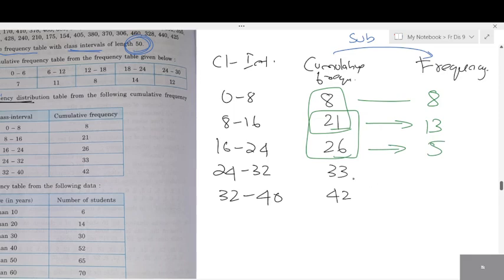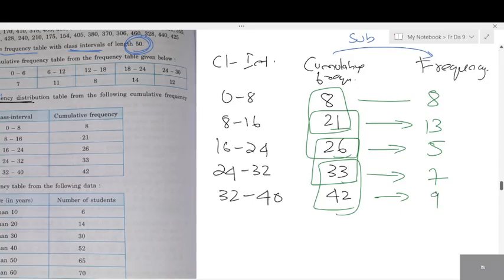For the fourth one, can you answer? 33 minus 26. 42 minus 33. Take the last two. 42 minus 33 is 9.